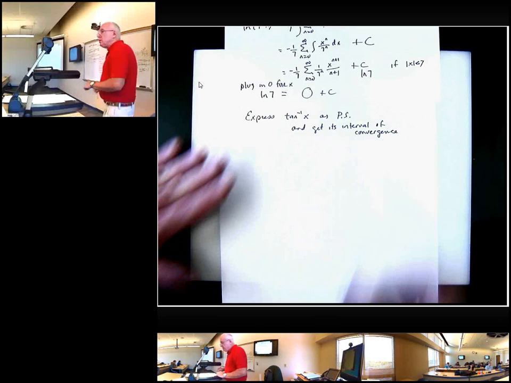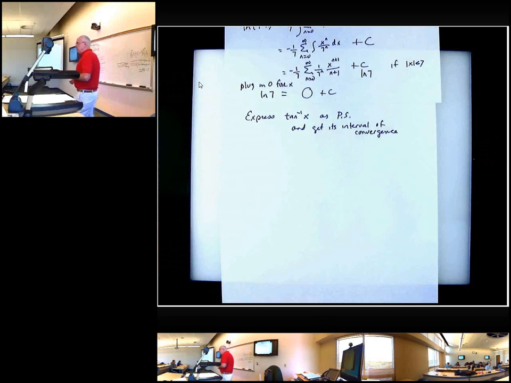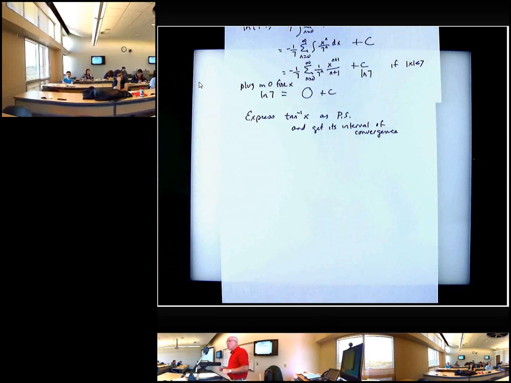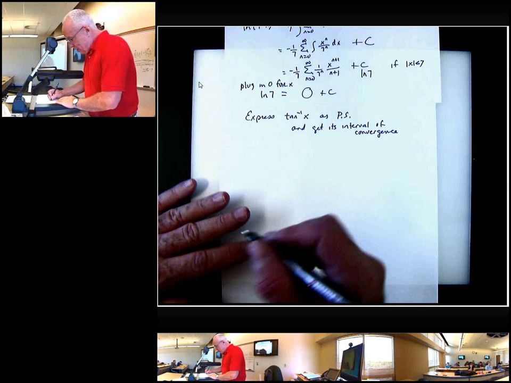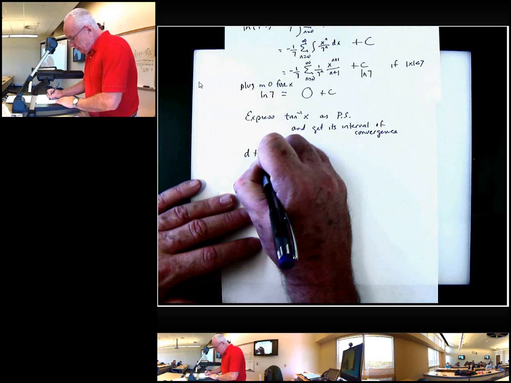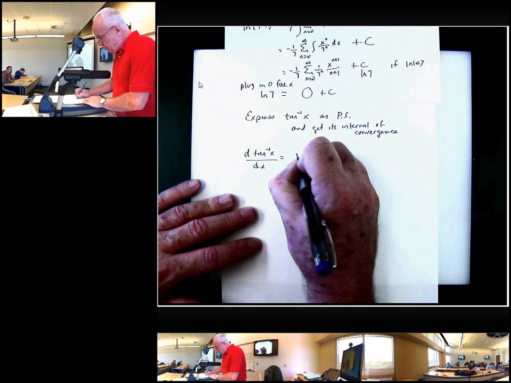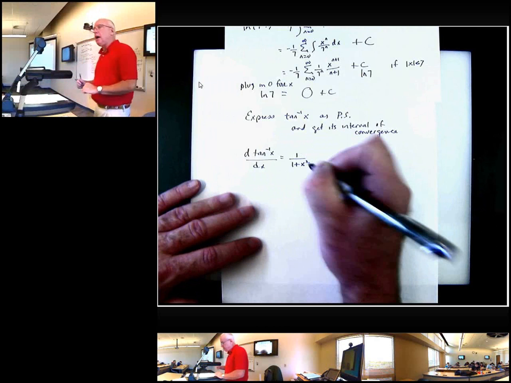Okay, so what do we know about the derivative of the tan inverse of x? One over 1 plus x squared, right. So we know this, the derivative of the tan inverse of x is equal to 1 over 1 plus x squared. Aha!